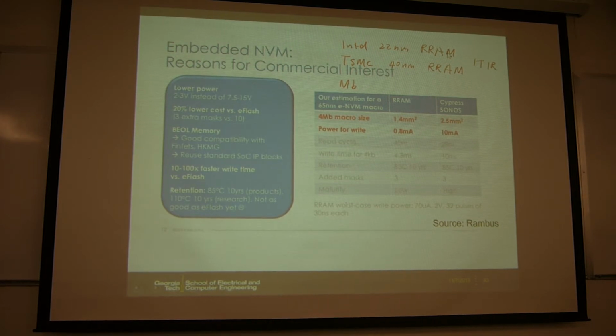And also, is there a reason mainstream companies are preferring OxRAM over CBRAM? I think it's mostly due to the material, let's say the contamination issues, because the CBRAM typically uses copper or silver as the active electrode. Those diffuse very fast into, let's say, the transistors.